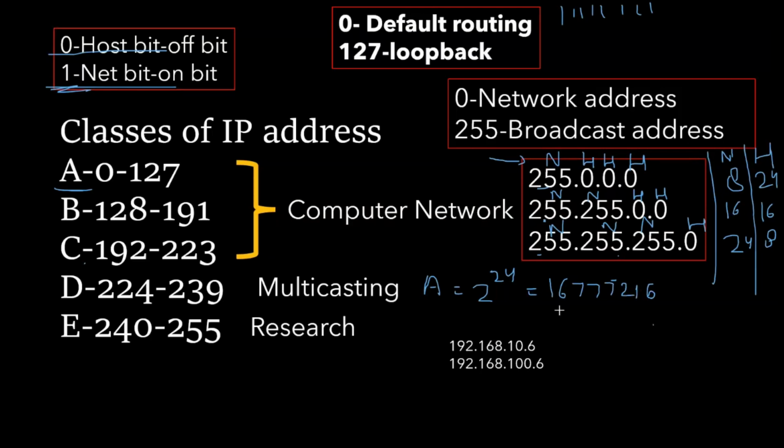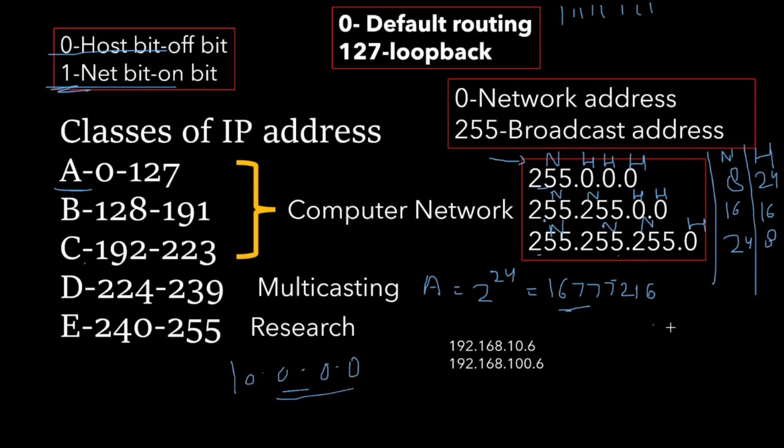That many hosts we can connect in a single network of class A. Suppose we are using the 10 network, 10.0.0.0, that many hosts you can connect in that network. 1 crore 67 lakh 77,216.